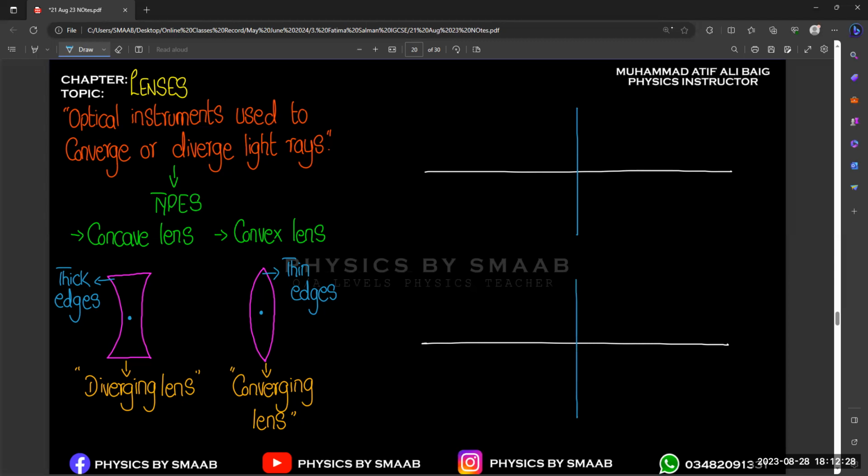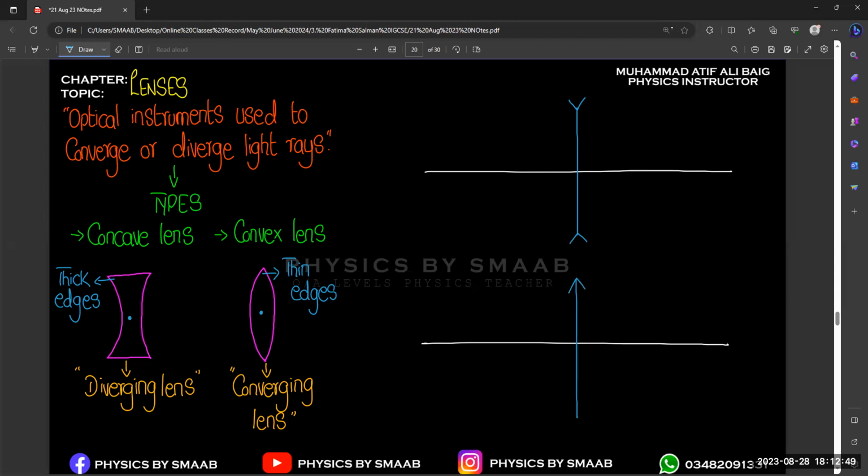Now you can see that there is a straight line on the axis, and that straight line actually shows you the lens, right? For more clarity we can do it like this: for the concave lens we make a mark like this, so that will give you the concept of thick edges, right?